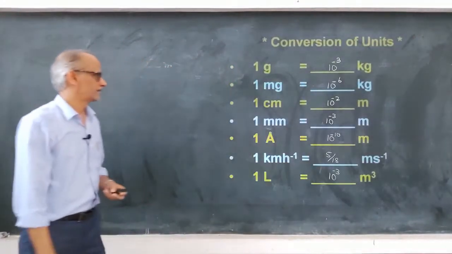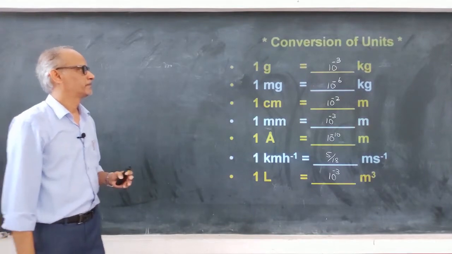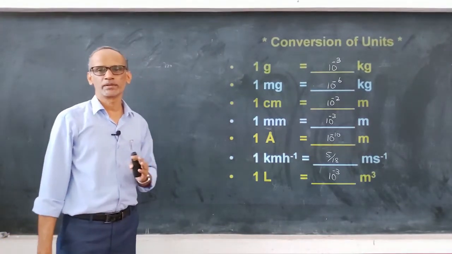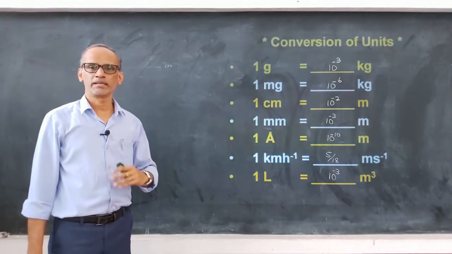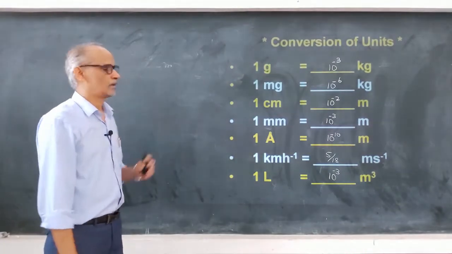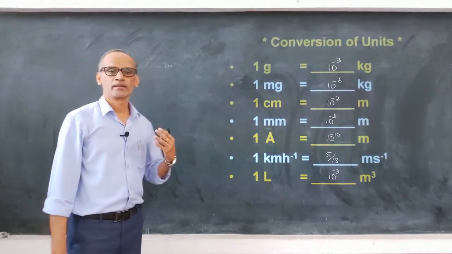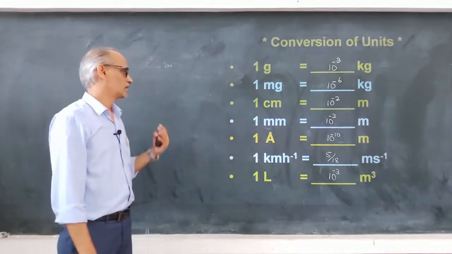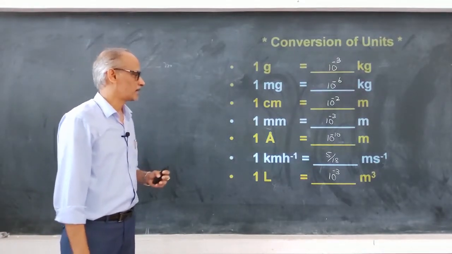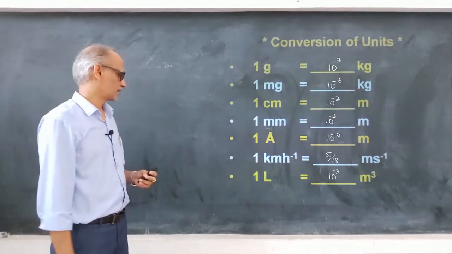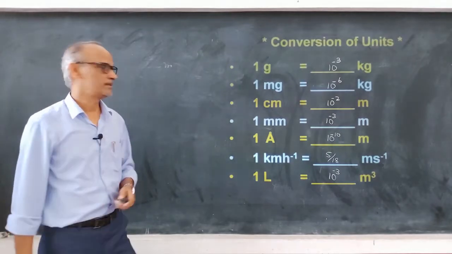Before that, very quickly we'll revise this once again. 1 gram, 10 to the power minus 3 kilogram. 1 milligram, 10 to the power minus 6 kilogram. 1 centimeter, 10 to the power minus 2 meter. 1 millimeter, 10 to the power minus 3 meter. 1 angstrom, 10 to the power minus 10 meter. And 1 kilometer per hour is 5 by 18 meter per second. And 1 liter is 10 to the power minus 3 meter cube.